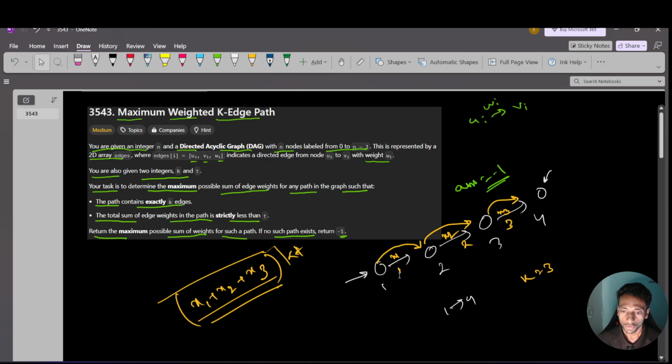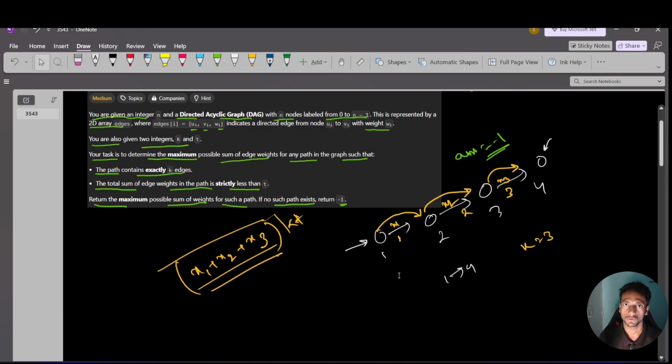So what do we have to do? We have to find all such paths that have exactly k edges from u to v. We can start from any u and reach any v. Since this is a directed acyclic graph, to reach from u to v we need exactly k edges.